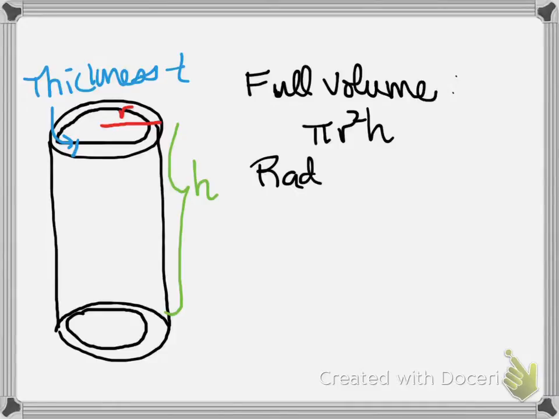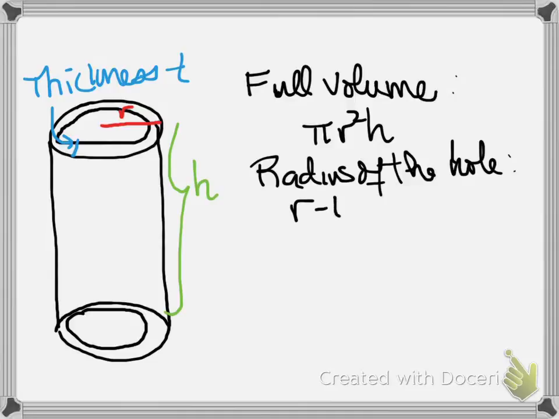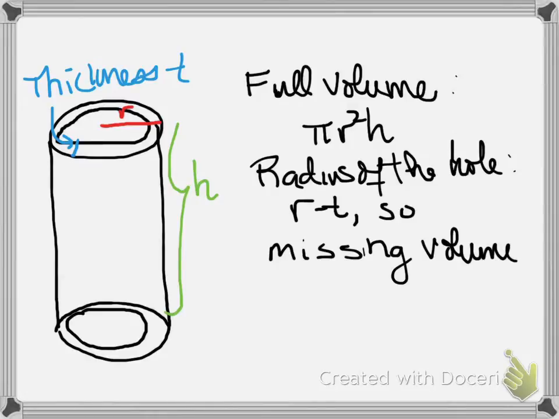And so the radius of that is r minus t, because the radius of the whole thing is r, and then you've got to ignore the t portion that's sitting out there on the edge. And so the missing volume is pi times h times (r minus t) squared.